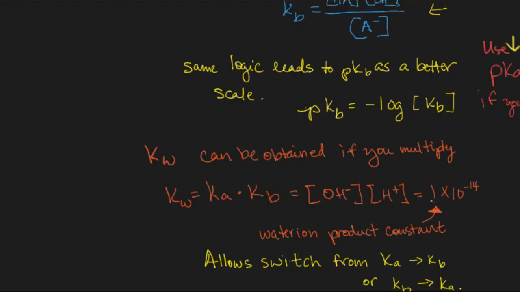So when you multiply these, you get the water ion product constant, and it allows you to go from either hydrogen concentration to proton or to hydroxyl concentration.